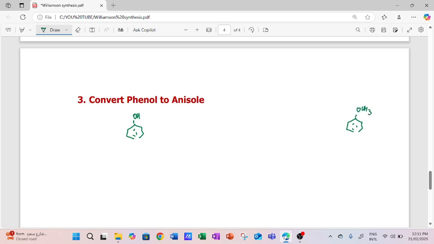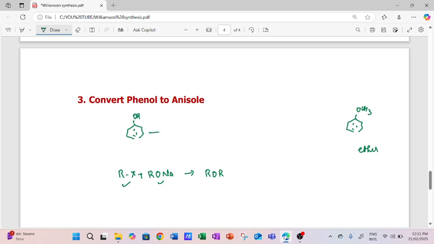So OCH3 means it's an ether. So when you apply Williamson's, this is like RX plus RONa to prepare ROR. We need an alkyl halide and sodium alkoxide. But the given compound phenol is not one among these. It's something different. It's not an alkyl halide, and it's not a sodium alkoxide either.